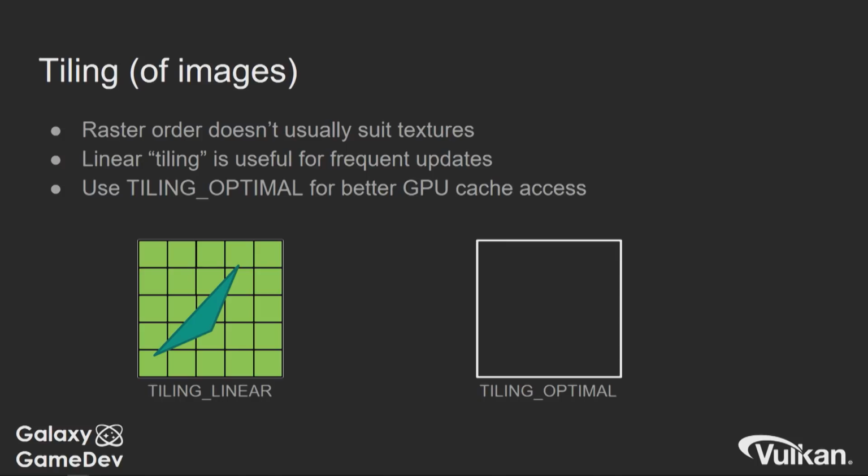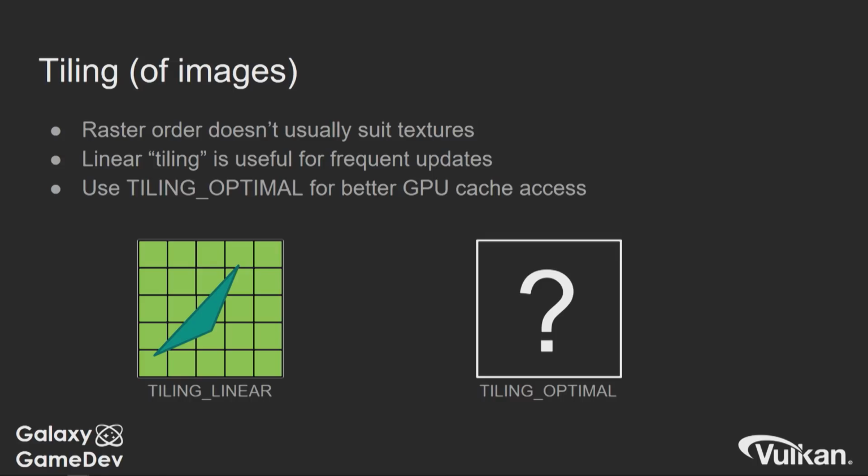In this case, optimal tiling is a better way to go because with it you will have a better locality of reference when accessing the texture. But the optimal tiling algorithm is proprietary to each GPU, in part because it depends on cache size and some internal details of the memory controller, so we don't know exactly how data is stored there.